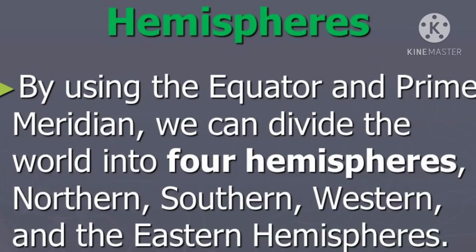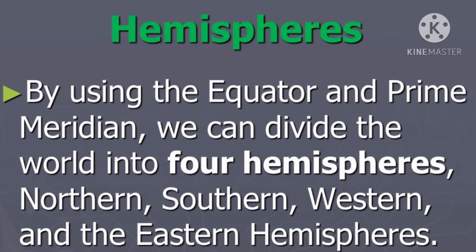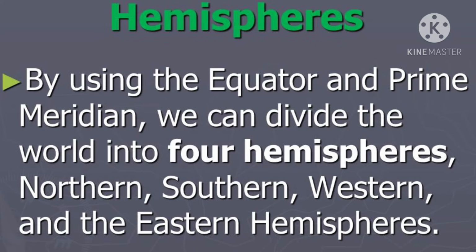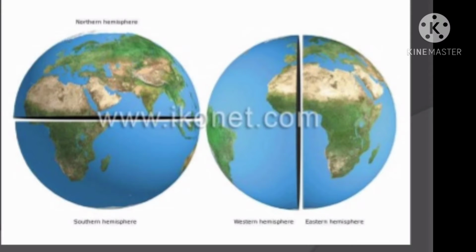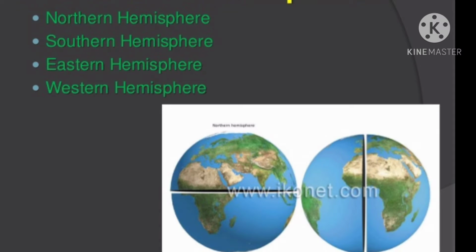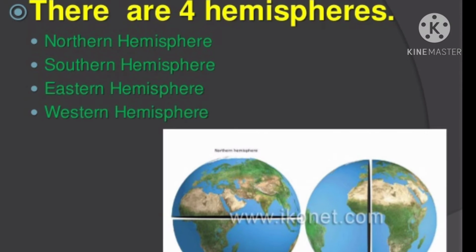By using the equator and prime meridian, we can divide the world into 4 hemispheres. Northern and southern hemisphere we have already learnt. Now by using the prime meridian, the earth can also be divided into eastern and western hemispheres. There are 4 hemispheres: the northern, southern, eastern and western hemispheres.